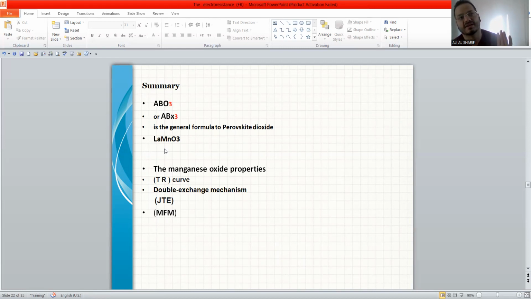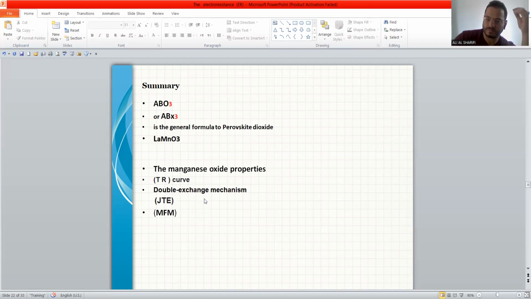resistance because it's my seminar title. I explained the temperature curve, temperature resistance, what the isolating metallic transition temperature and the Curie temperature are, when it will be isolating, when it will be metallic, when it will be ferromagnetic, when it will be paramagnetic, and the double exchange mechanism. We used it to study the magnetic properties of the perovskite oxide, and the Joule-Thomson effect.